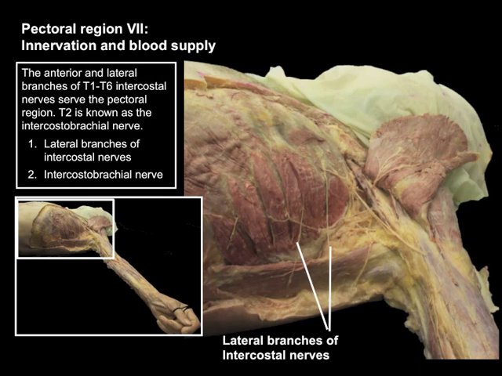These represent the anterior and lateral branches of the intercostal nerves. The T2 intercostal nerve is known as the intercostobrachial nerve, and it is of clinical importance. It is the anatomical basis for why referred pain from angina is felt running along the medial border of the arm.